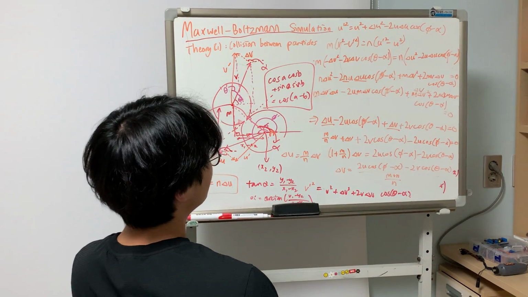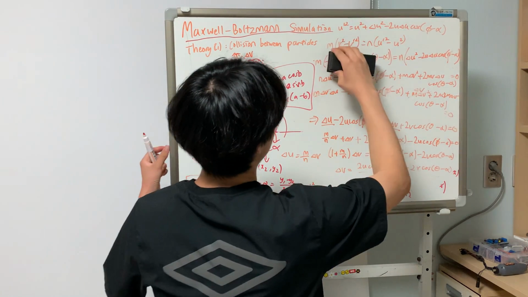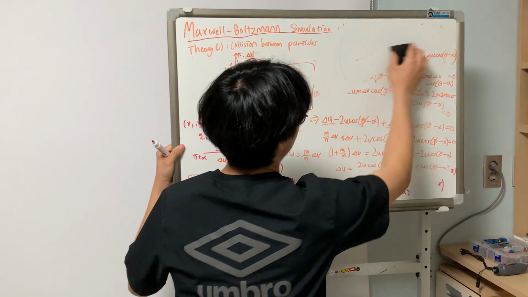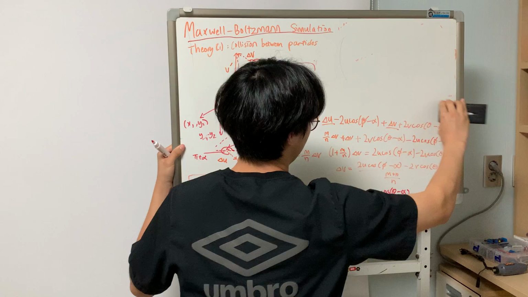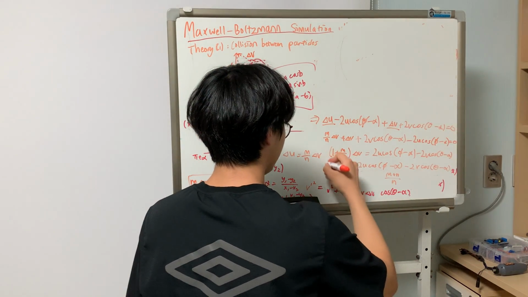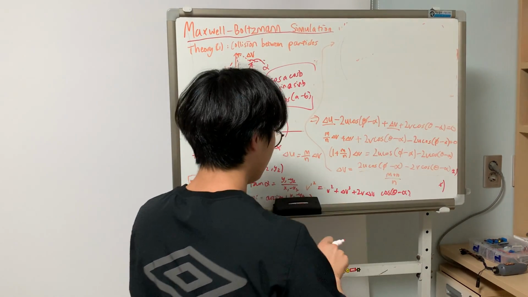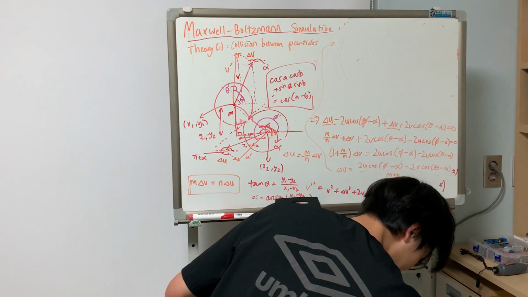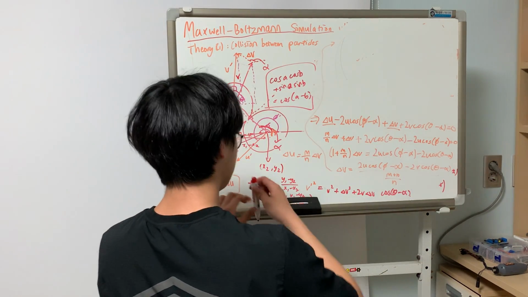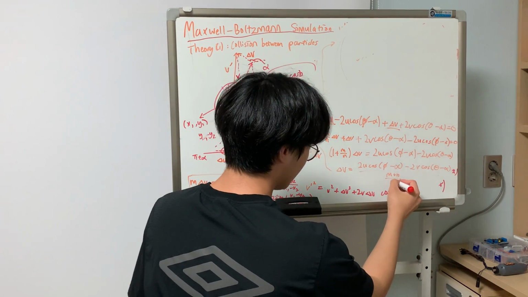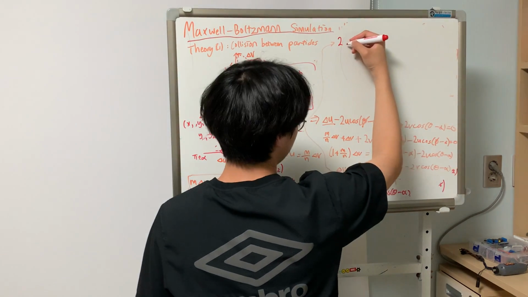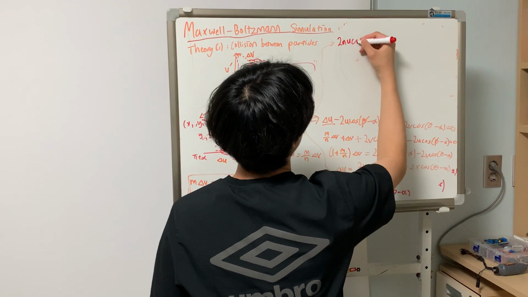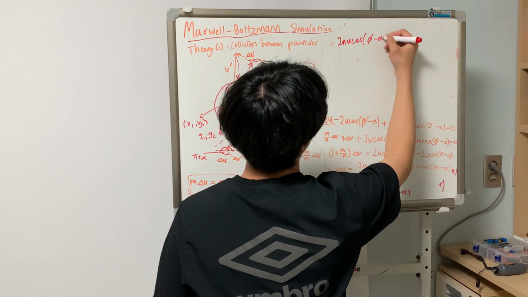And so, erasing all that again, what we have is basically multiplying n to both sides. So multiplying n to both sides, we have 2nu cosine of phi minus alpha.